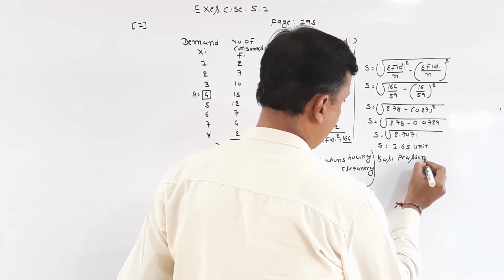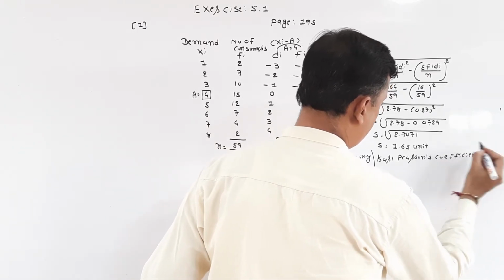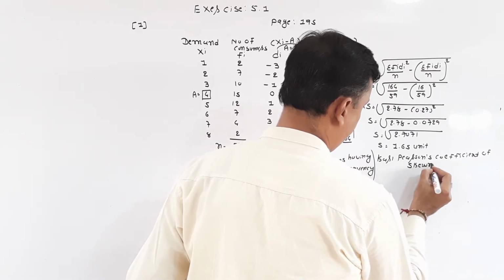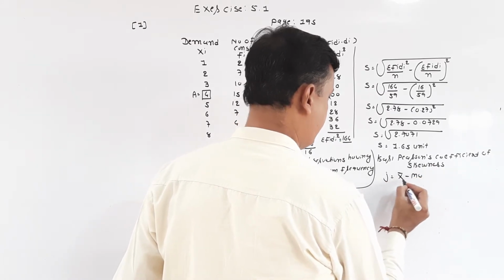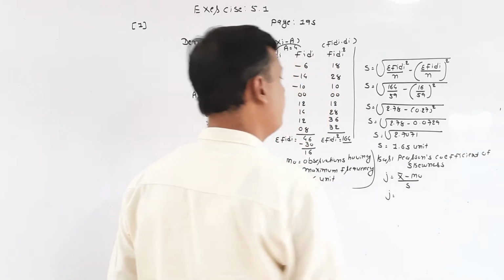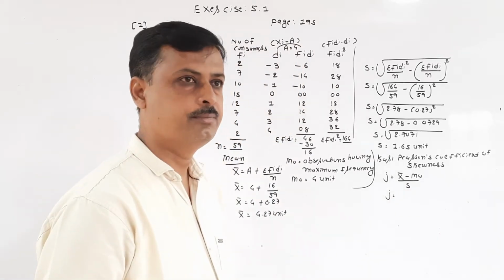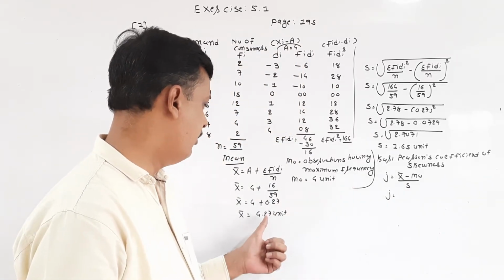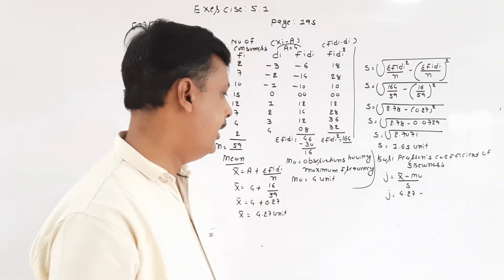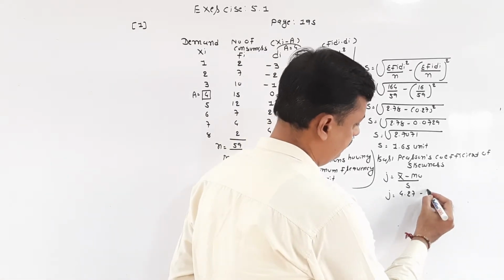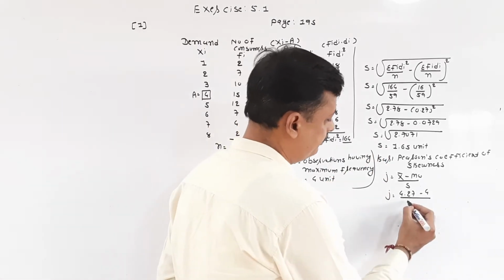Karl Pearson's coefficient of skewness, J is equal to x bar minus MO upon S. So formula J is equal to x bar minus MO upon S. x bar value is 4.27, MO mode is 4, and S is 1.65.